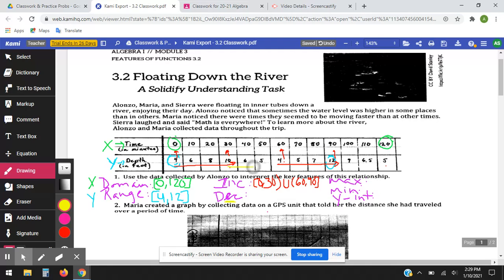So we have 10 going down to 4, and then we did 12 going down to 5. So I'm going to write this as starting with 30 going to 60, right? 30 to 60. And we have 90 to 120, because 90 all the way up to 120 is our decreasing intervals.